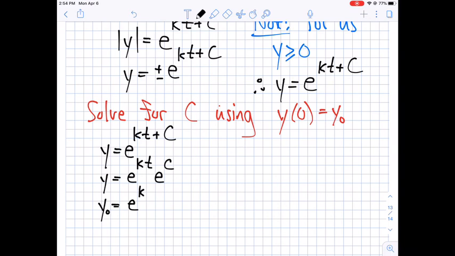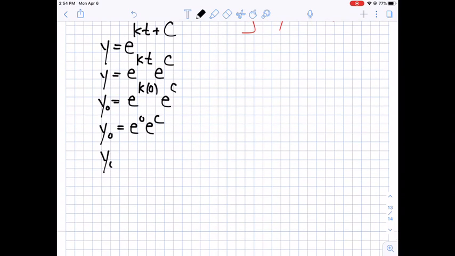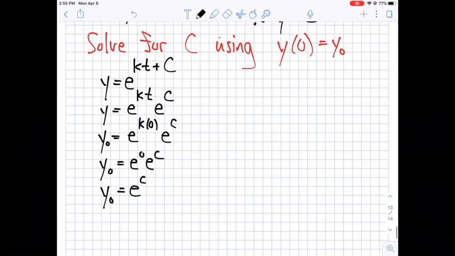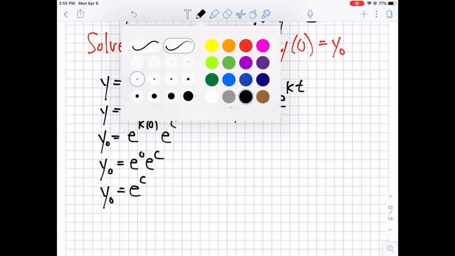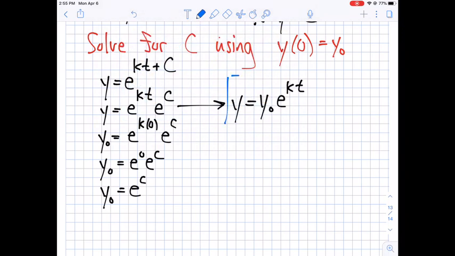So that's e to the k multiplied by 0 multiplied by e to the c, which gives us that y naught is equal to e to the 0 times e to the c, but e to the 0 is just 1, so y naught is going to be directly equal to e to the c. And now we are pretty much done, because this then says that y is equal to e to the c times e to the kt, which really means we have y naught e to the kt. And that is very much the solution that we were looking for.